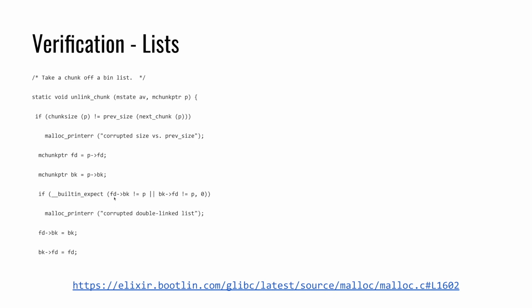It's asking for a pointer where the address at a specific offset is the address of the chunk, and then another pointer where the address at a specific offset is the address of the chunk. Now, these pointers, forward and back, if we have control over them, don't necessarily have to point to valid chunks. They just have to point to somewhere where the offset holds the address of the chunk I'm trying to unlink. And it is possible to satisfy that constraint.